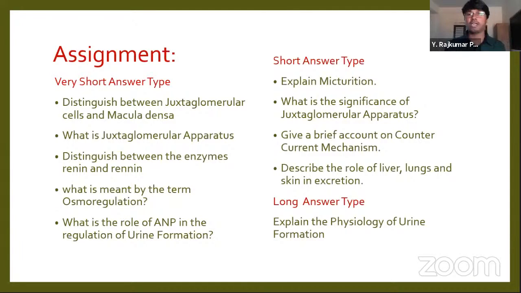Whenever the schools are opened, you have to bring these running notes and the assignment book and submit them to your subject teachers. Then only they may allow you for the public examinations and give you the marks. If the project work marks are included for your intermediate, then those marks will be considered.